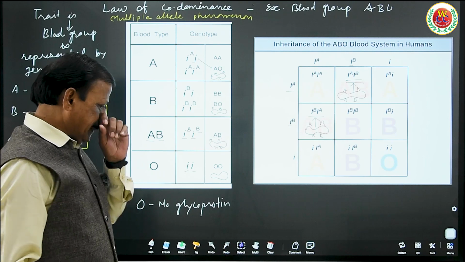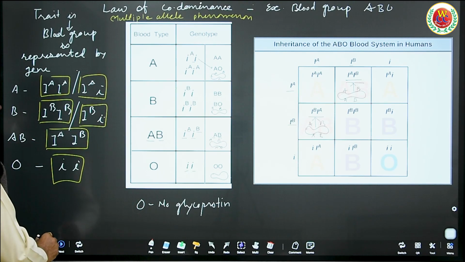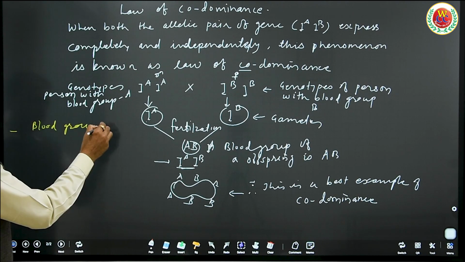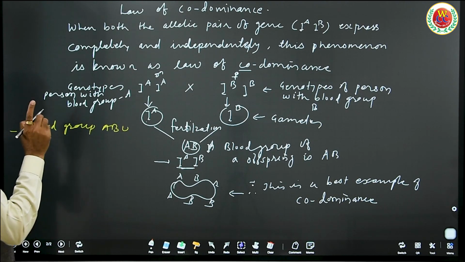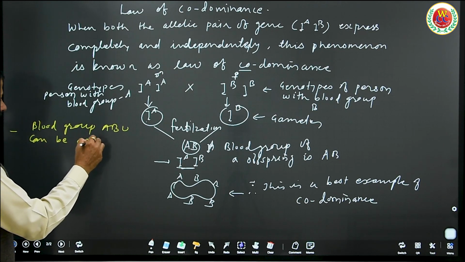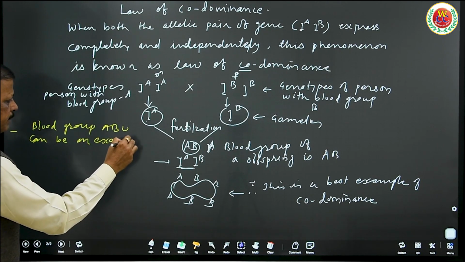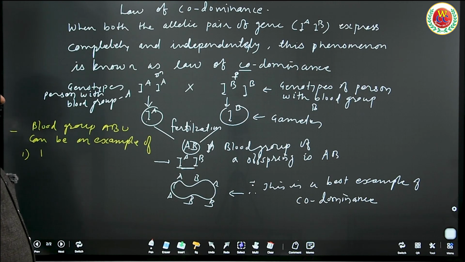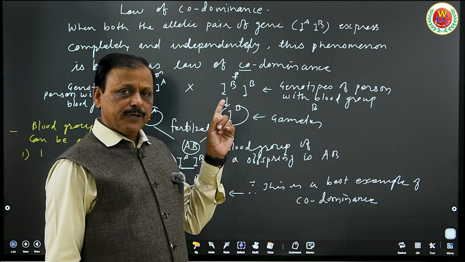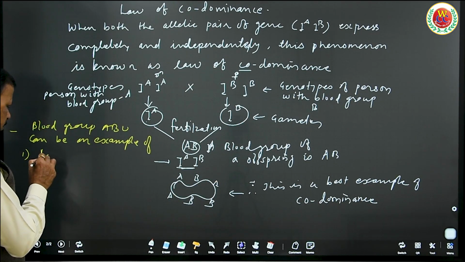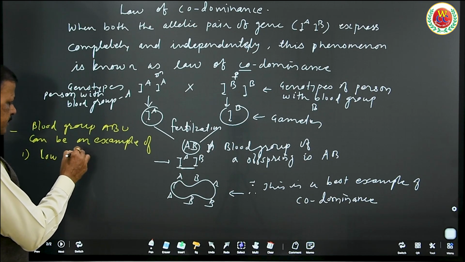So as a point for NEET, this can be studied. Blood group ABO can be an example of, one, the law of dominance, because in the presence of A or B, small i cannot be expressed.